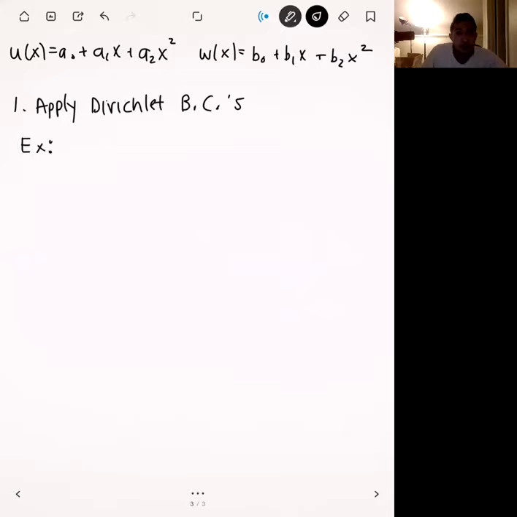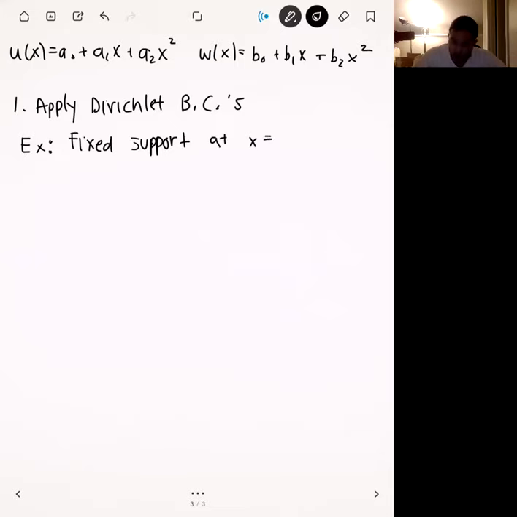Let's say, for example, that we have a fixed support at x equal to L.